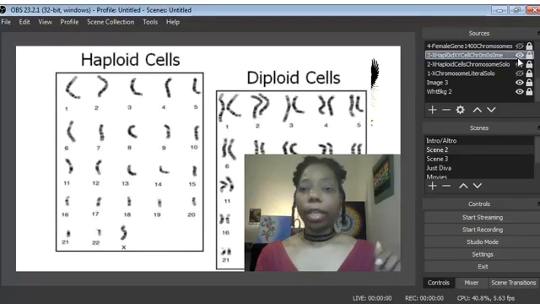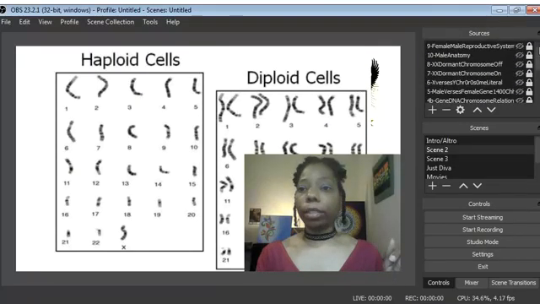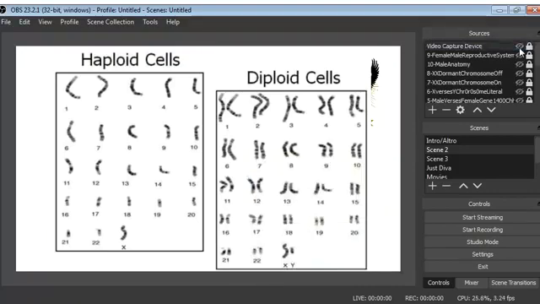All right. So now one moment, because this is a diploid cell and it's got 23 pairs. So we've got, if you look at that last chromosome, an X and a Y, that's the sex chromosome. So one set is coming from the mother and one set is coming from the father in this case.